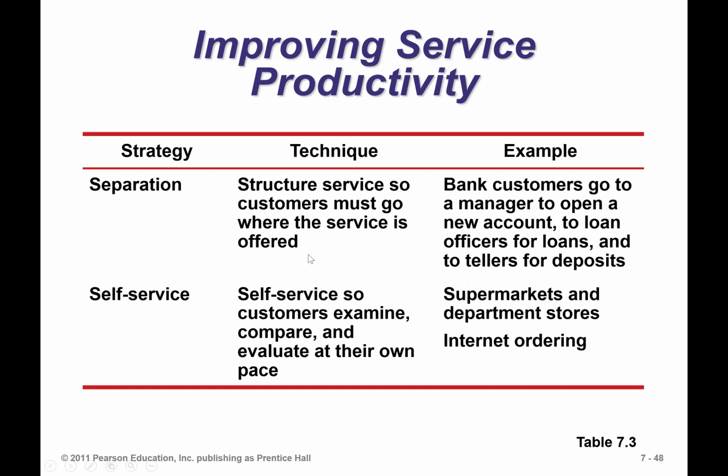An example of this: bank customers go to a manager to open a new account, to a loans officer for loans, and to tellers for deposits. So the service is structured in such a way that the customer must go where the service is offered.